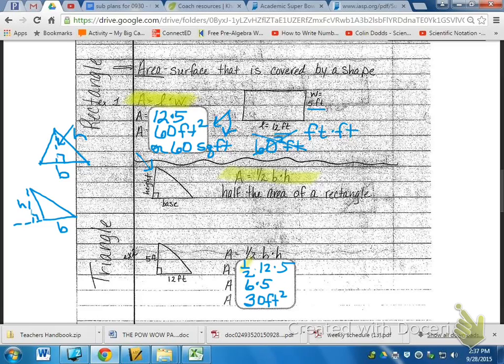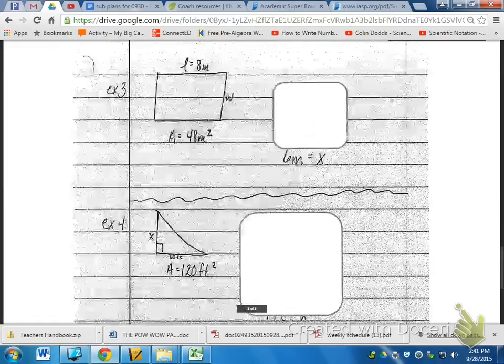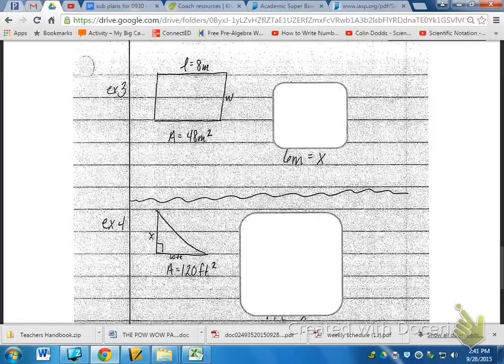All right, let's do a couple where we have the area and we got to find measurements that are there. That first one, well, I think I already showed you the answer. Let me see if I can fix this a little bit. How about that? I'm sure you already saw it. Anyway, on this one, I know that the area is 48 meters squared, the length is 8, and we don't know the width. So I'm going to start off by writing the formula.